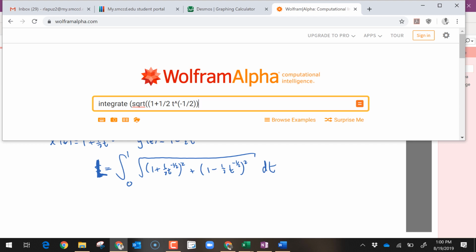Close that and square it. Plus the same thing, with a minus. And we can close that, from 0 to 1.